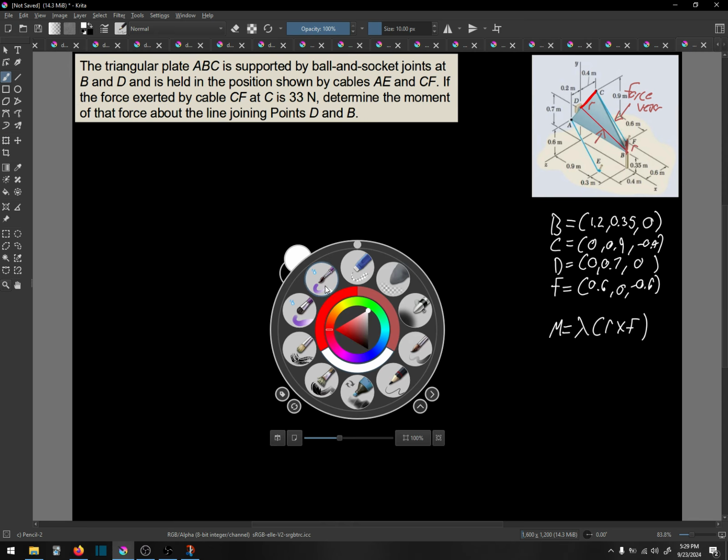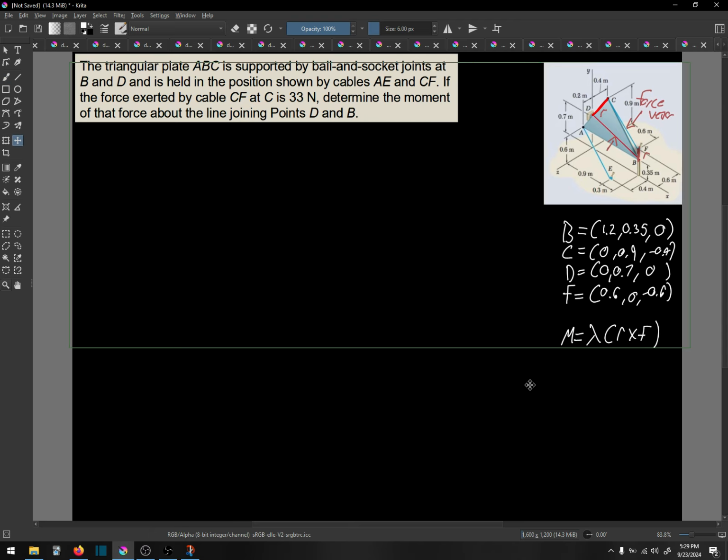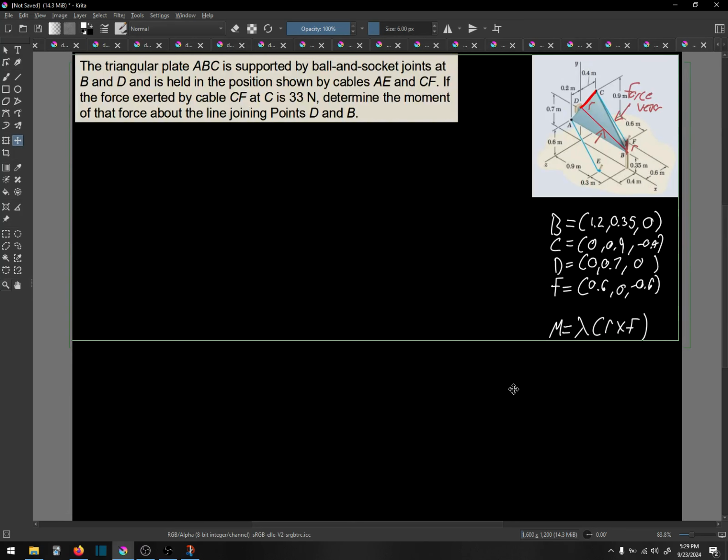Come on. Let's do a brush at size 10. Size 6. Call it an even 5. No. Brush tool.